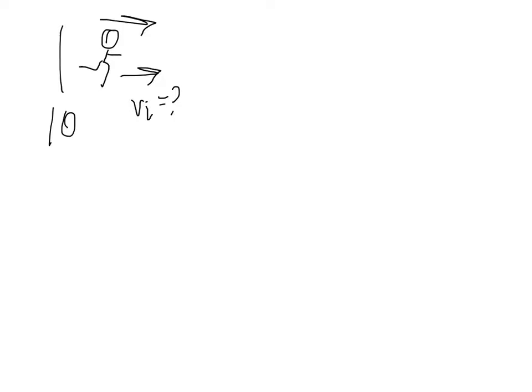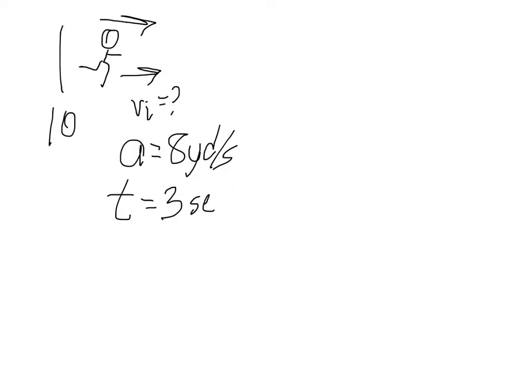We do know his acceleration, and that is 8 yards per second. And we do know time. We know that's 3 seconds. And we know he's at the 10-yard line, so that's our original location, our original displacement.